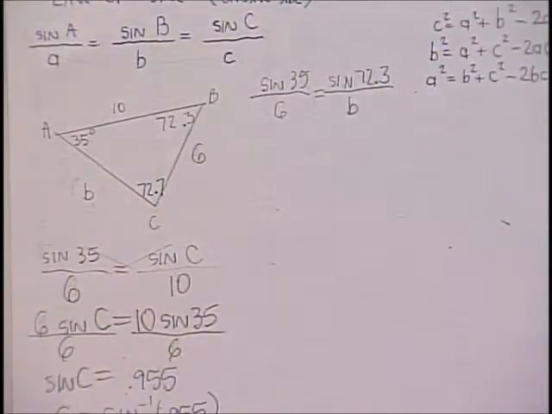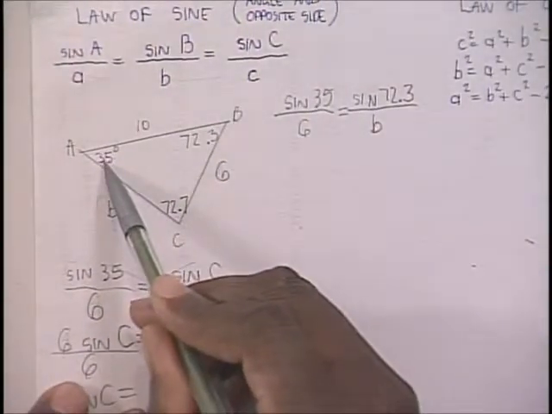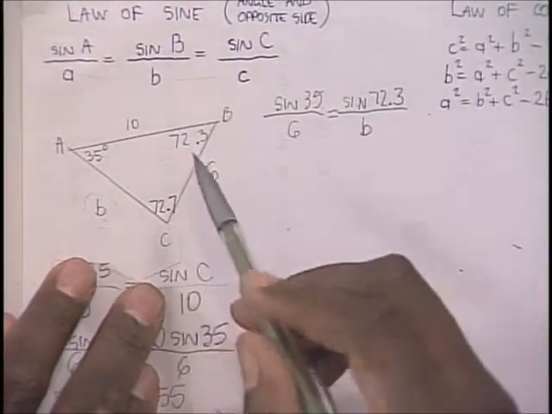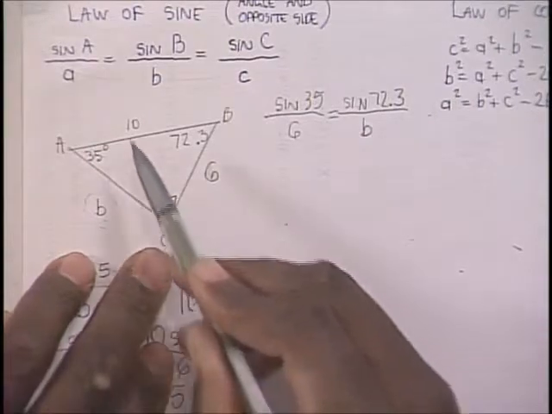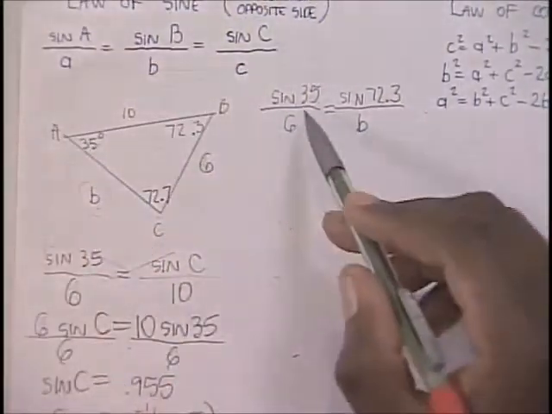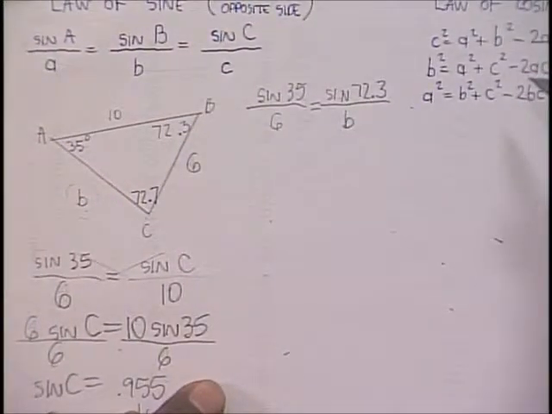The reason I can use the law of sines here is because we have an angle and the side opposite. I could have said the sine of 72.7 over 10 is equal to this as well, but I just chose to use the 35 again. You're going to get the same answer either way.